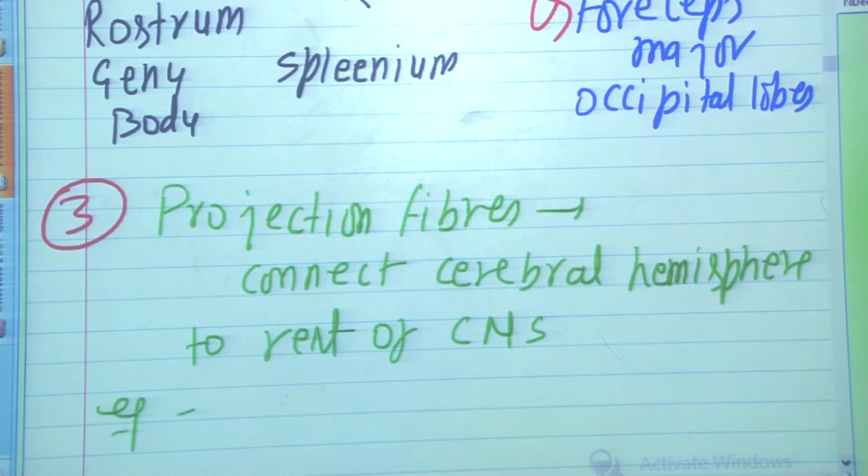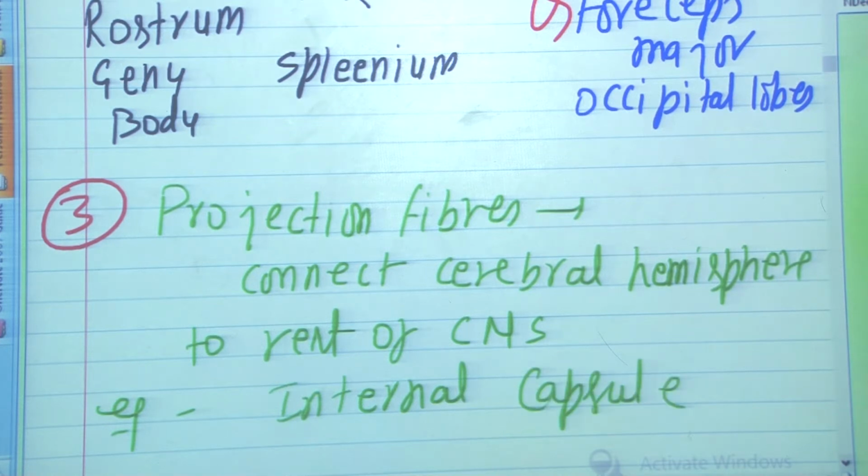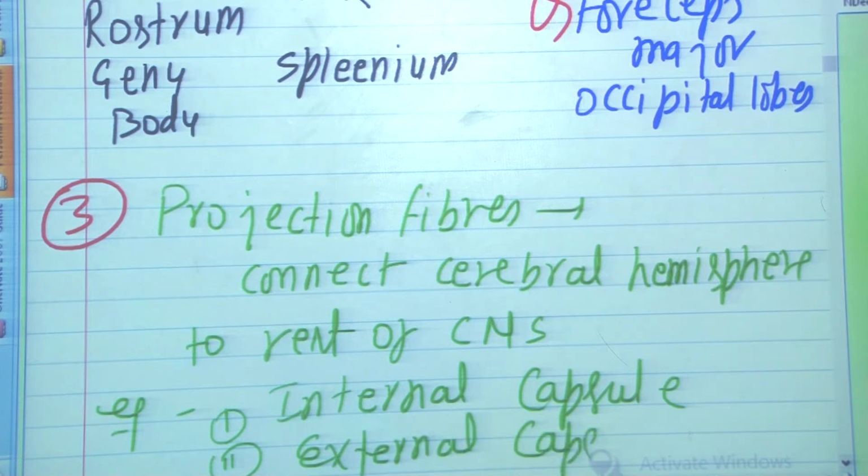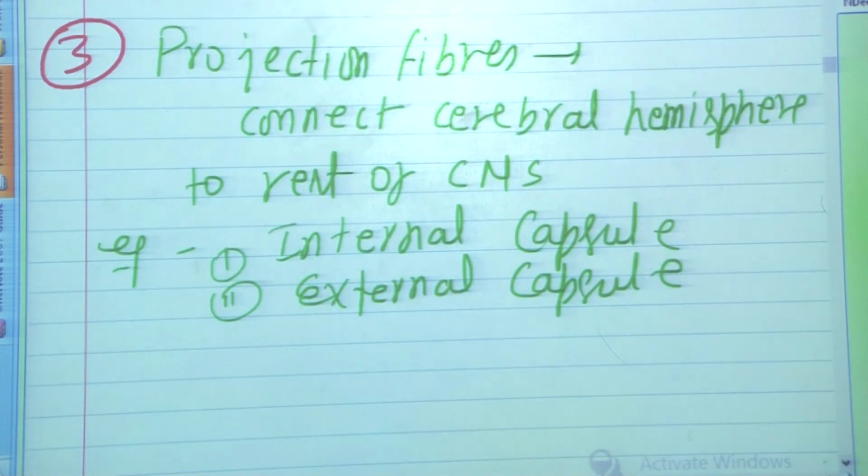Examples of projection fiber are internal capsule and external capsule. These are the examples of projection fiber. Now we focus on internal capsule.